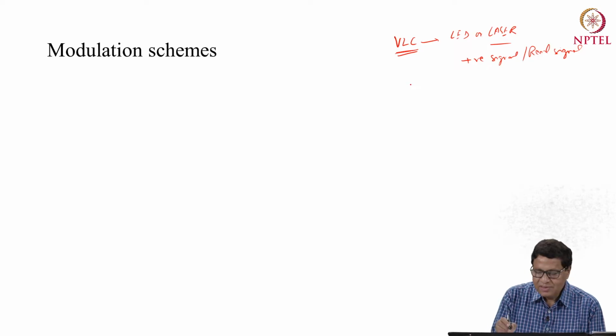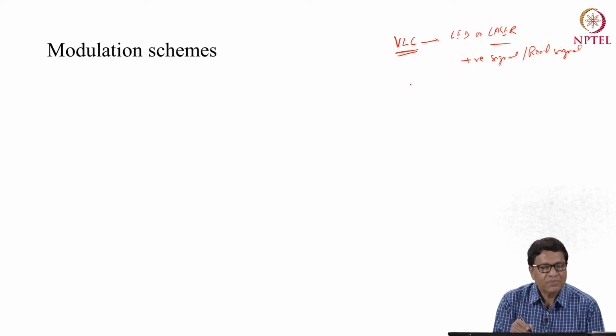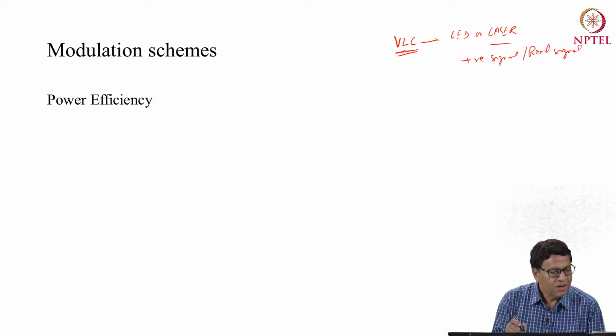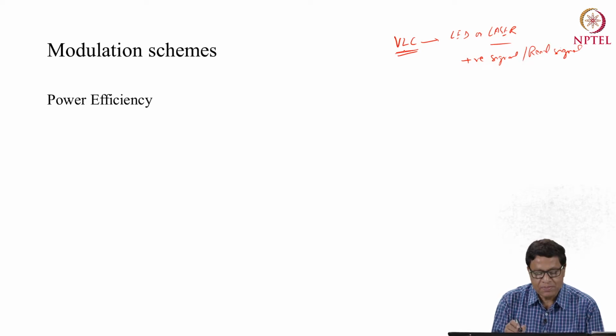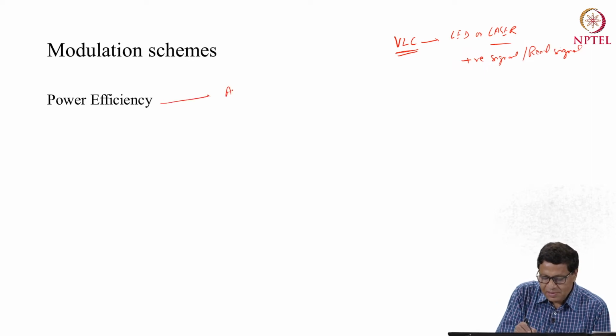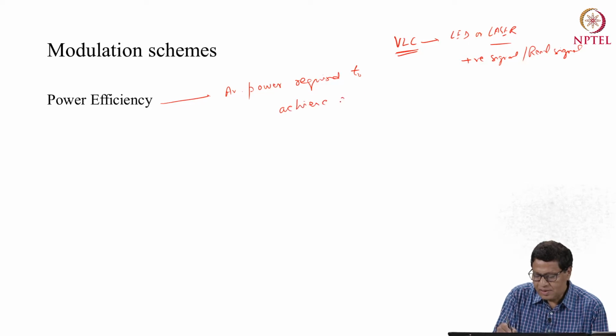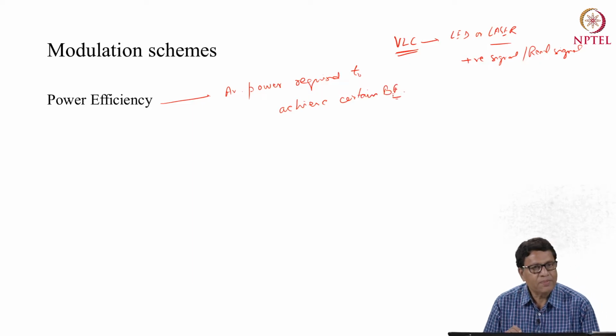Before we start, let us understand the different parameters which we will try to calculate for different modulation schemes. For example, power efficiency. The power efficiency is the average optical power required to achieve a certain BER. This is how we define the power efficiency.